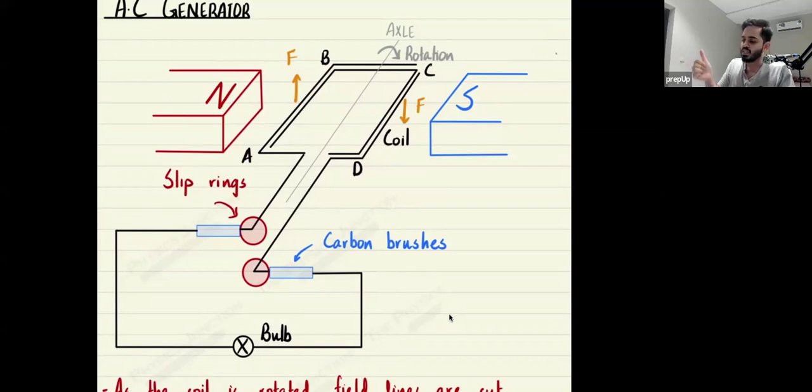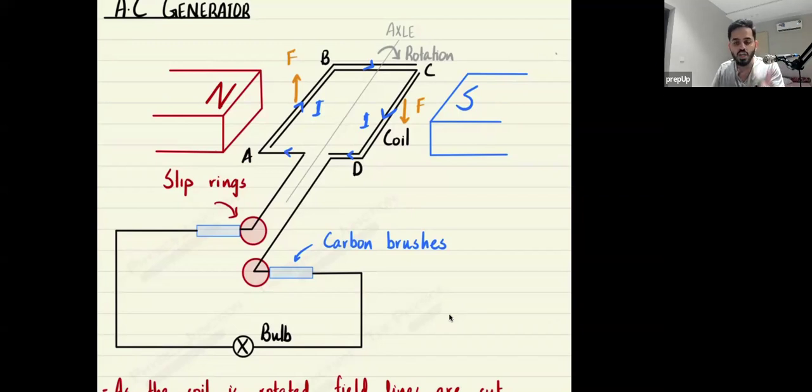In AB, I can see that the thumb is upwards, the field is like this, so the current flows inwards. So this is how the current flows here. And then if I do it the other way, this time the thumb is downwards, so the current is also outwards like this. So the current goes like this, and then connecting the dots, it must flow like this. So that's the idea of the right hand rule.